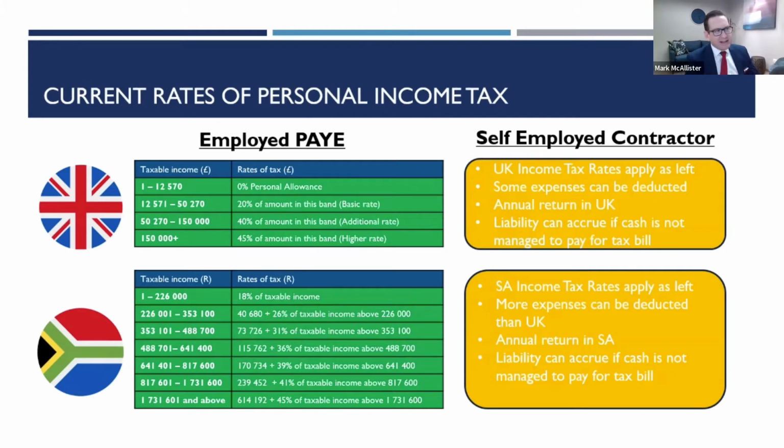So if we look at that table, in the UK you've got a £12,570 amount that you could earn and pay 0 tax, right? But in South Africa, everything you earn starts off at 18% effectively. 87,000, yes. So quite a difference. Let's just say 12,500, times it by 20, that's 251,000.